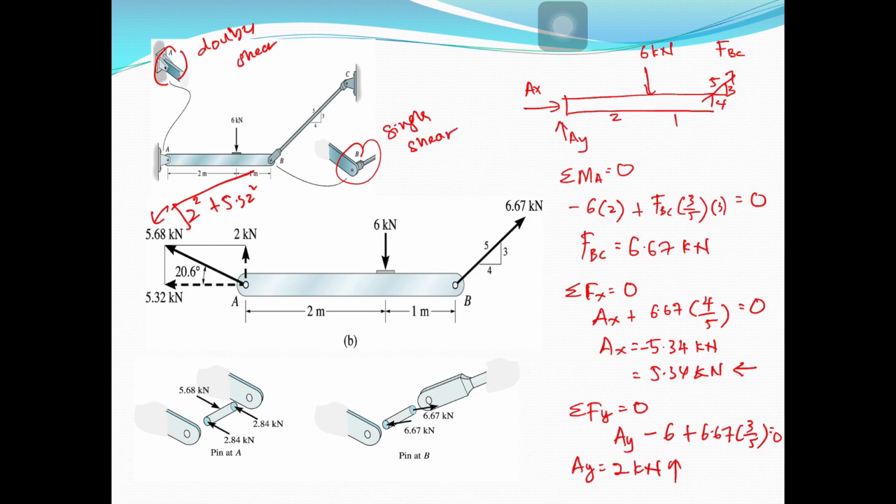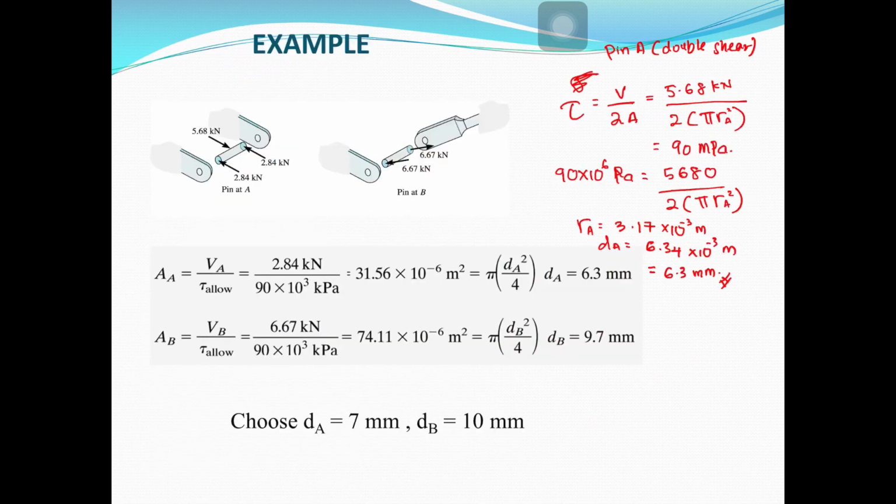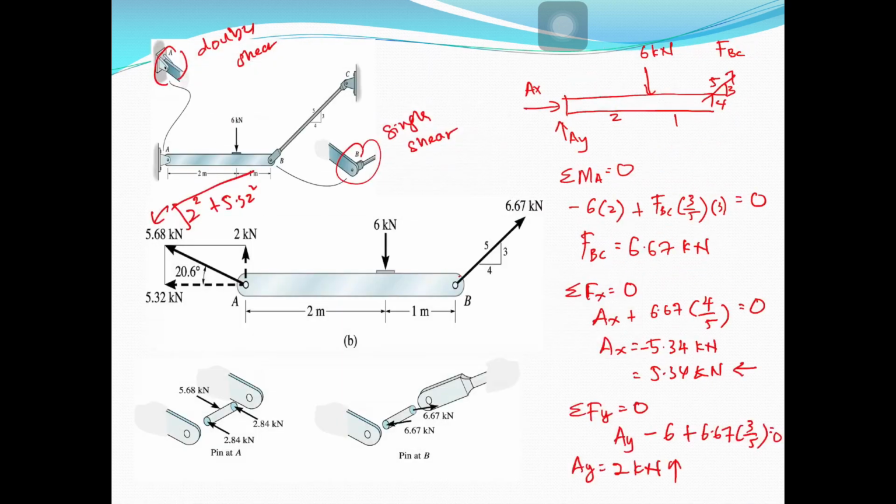Right, single shear. So for single shear, the formula, for pin B, tau B is basically V over A only. So the force at B is basically here. Force at B is here. Basically same as FBC.